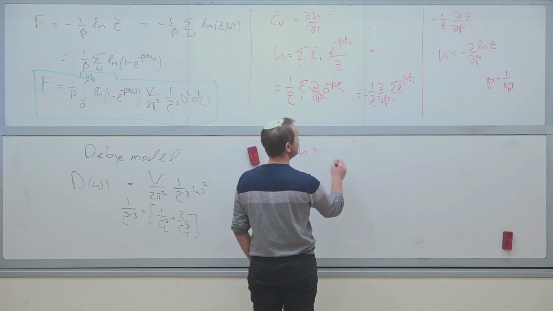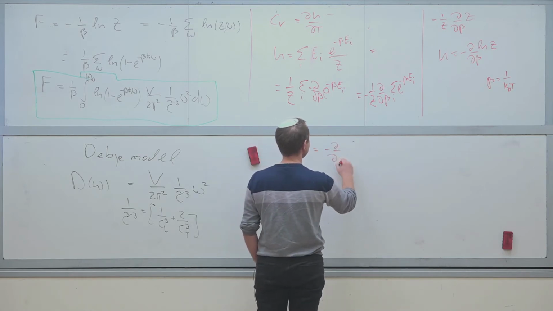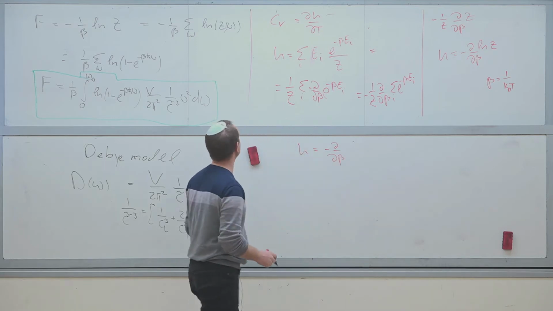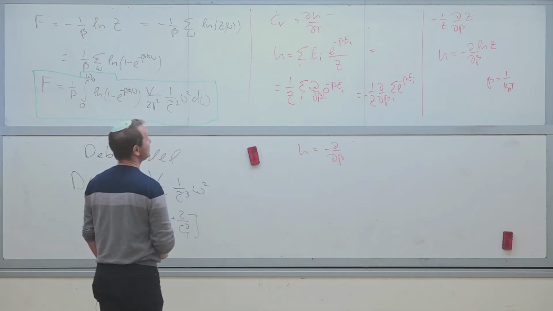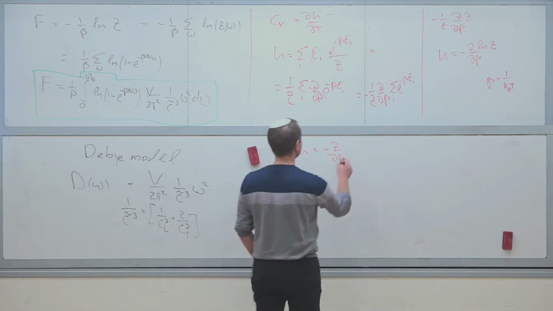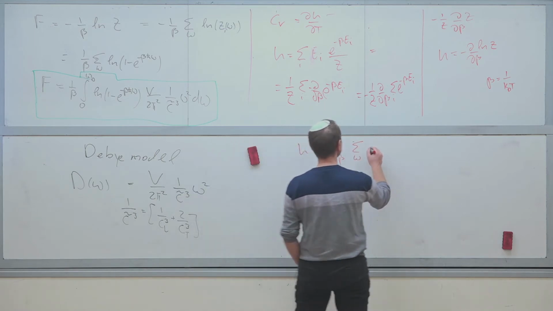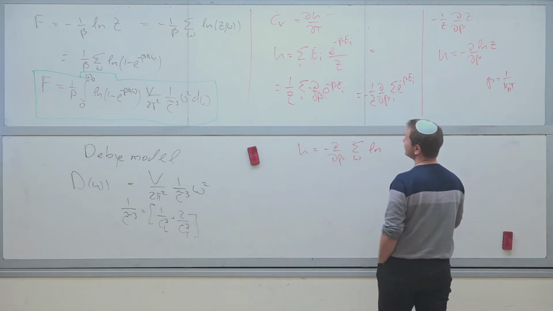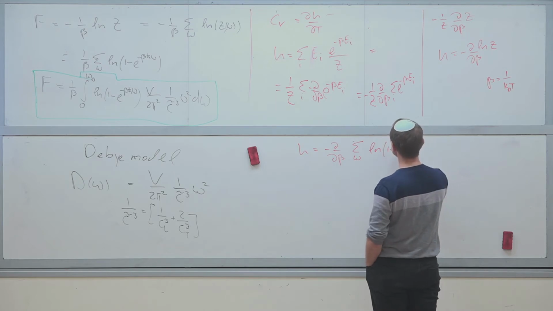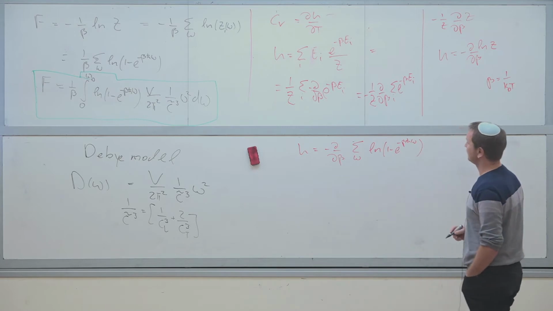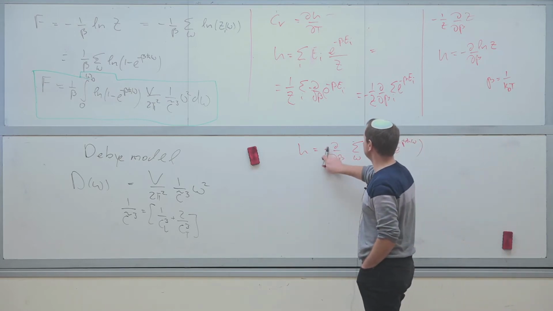U equals minus d/d beta of log of Z. So it is simply, again, a sum over omega of log of 1 minus e to the power minus beta h bar omega, and we have a plus over here.